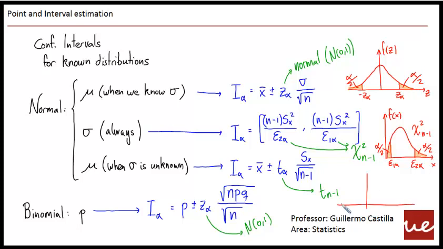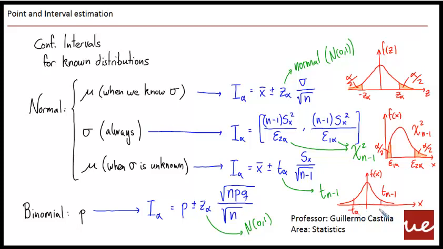And in the T of Student, it's the same thing. So it's just those values, Z sub alpha, epsilon 1 alpha, epsilon 2 alpha, as well as T sub alpha, are just the abscissas for my distributions when there is a probability of alpha halves to each side.